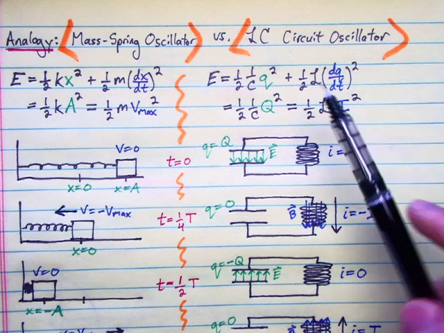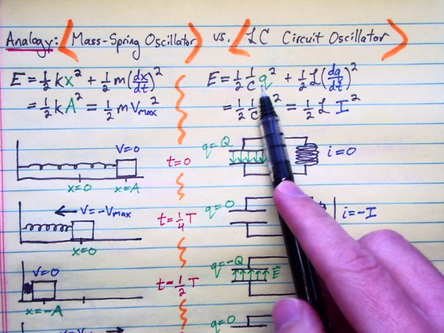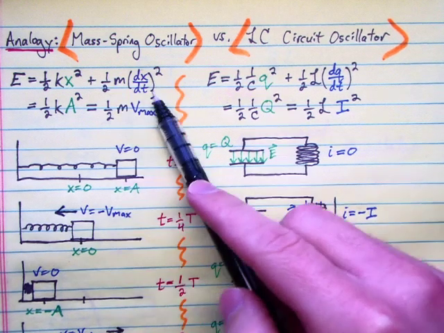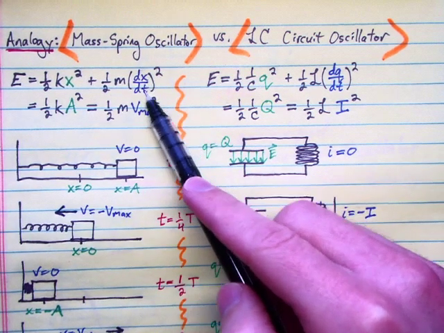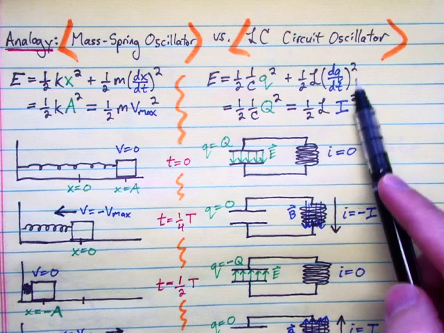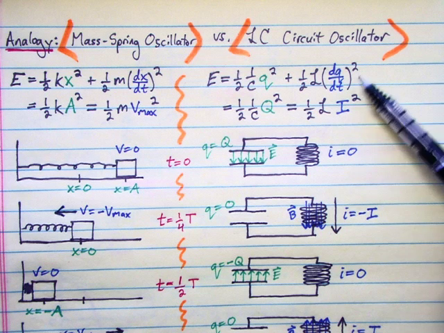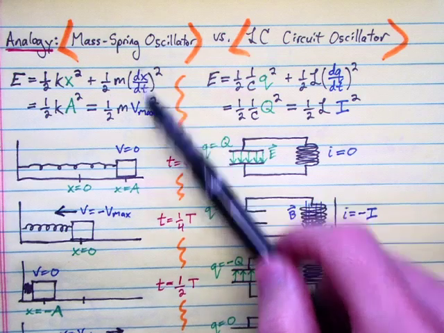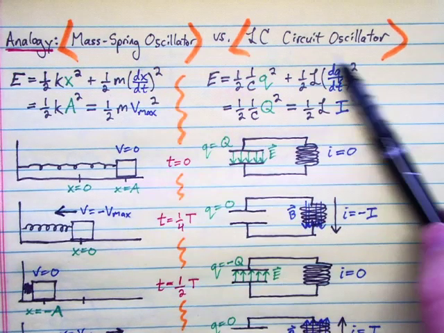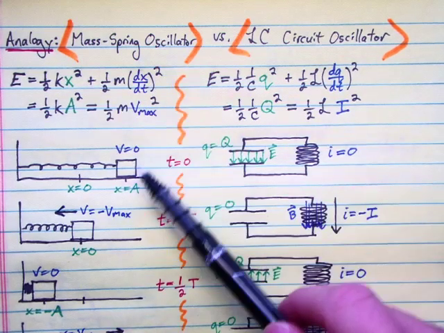I say they're analogous because we've got one form of energy that depends on x, depends on Q, and then another form of energy that depends on the derivative of that variable. Here the kinetic energy depends on dx/dt, and here the energy stored in our inductor depends on dq/dt. So the current here is analogous to the velocity of our block, and the energy stored in our inductor is analogous to the kinetic energy of our block.